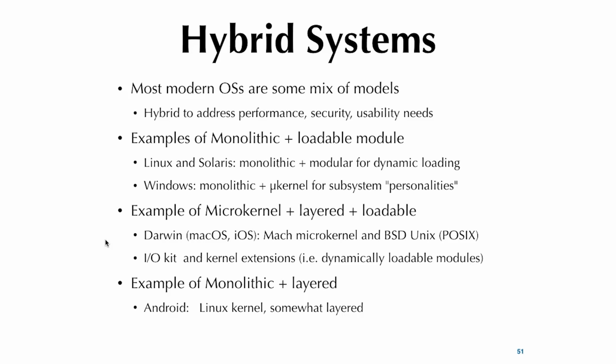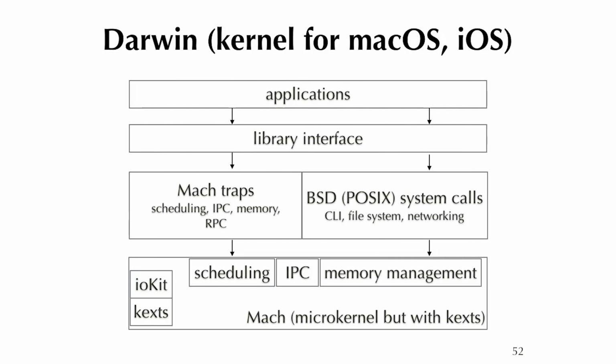And of course, you can do things in user space as well. Android has a Linux kernel, but the upper parts are layered or somewhat layered. So Darwin, macOS and iOS look like this.